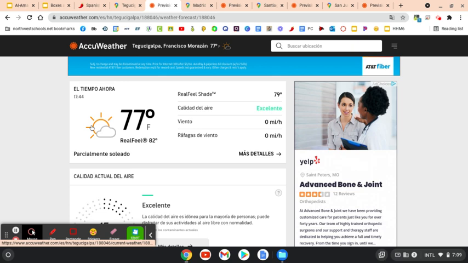Hace sol y está nublado. Y clase, la temperatura es 77 grados. La temperatura es 77 grados.